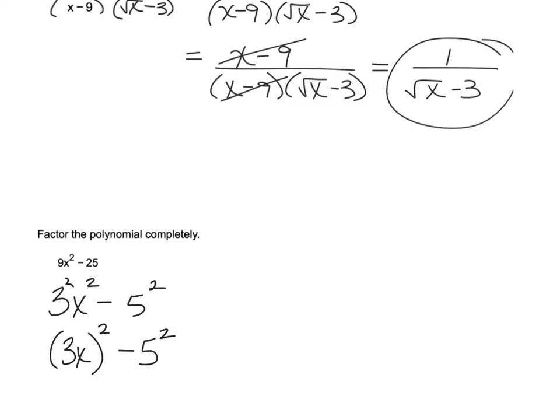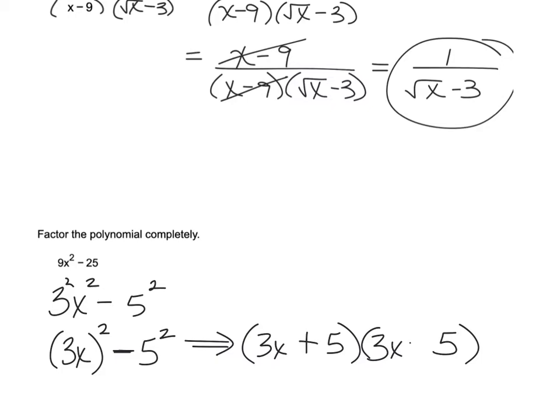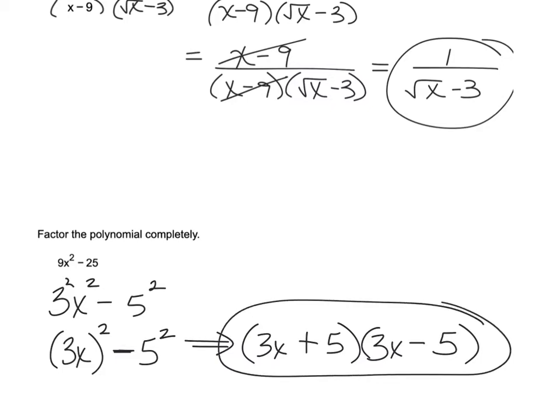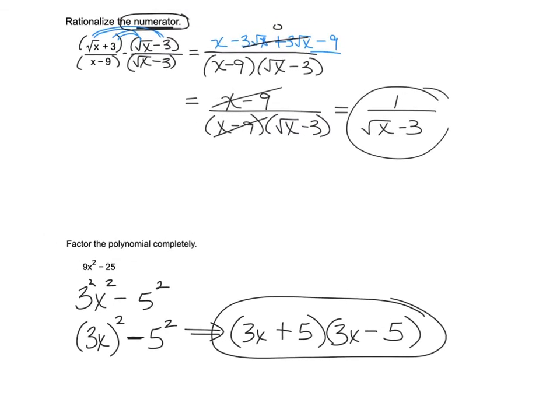When you have a difference, which is subtraction, difference of 2 squares, then we can factor it very simply. 3x is my first term in both of them, and 5 is my last. One is positive, one is negative. Doesn't matter what order. That's all they're asking for you to factor, so you don't need to solve the equation. There's no equal sign in there to solve for. They just want it factored. Okay, so those are those two. We'll move on to our next page.